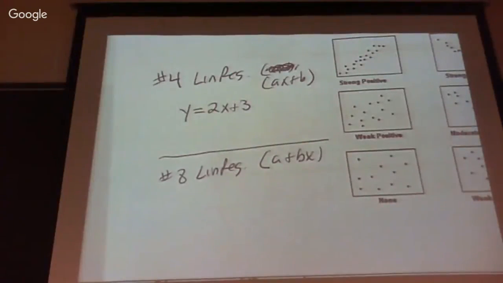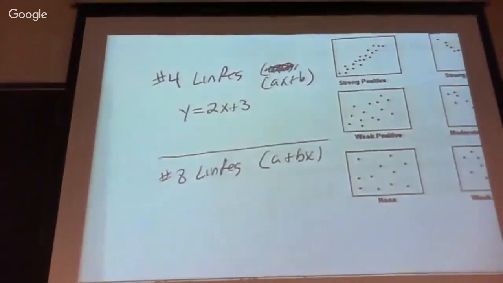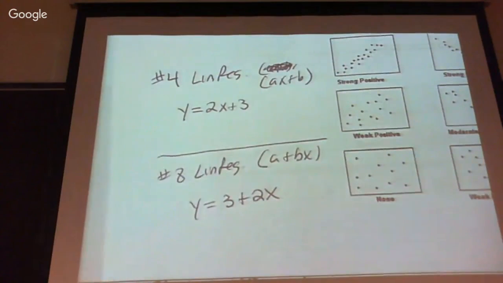What's the slope? 2 over 1, 2. What's the y-intercept? 3. So A is 2, that's your slope. B is the y-intercept. If I use number 8 on the same exact data, I would get y equals 3 plus 2x.